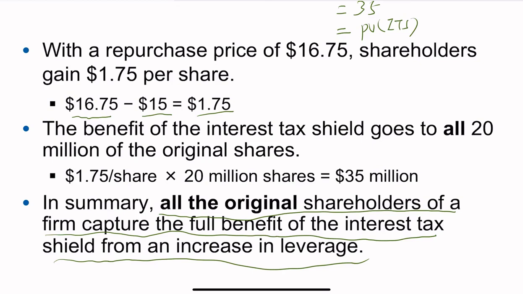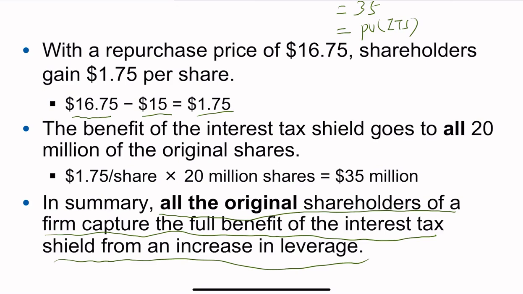Obviously, you can see that this is a very simple calculation, right? The only difficulty here is you have to understand this conceptually. So basically, you have to understand every shareholder, no matter whether you want to sell your share to Midco or not, will enjoy this benefit.